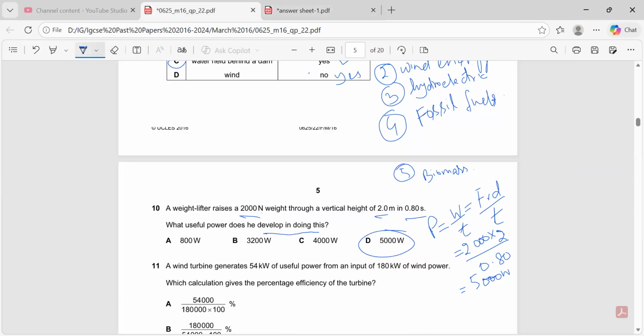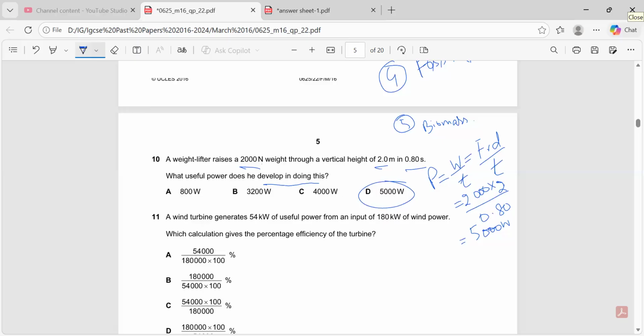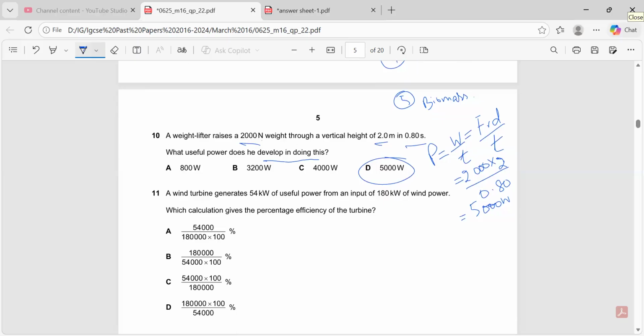Okay. Next question number 11. Now see, a wind turbine generates 54 kilowatt of useful power from an input of 180 kilowatt of wind power. Which calculation gives the percentage efficiency?